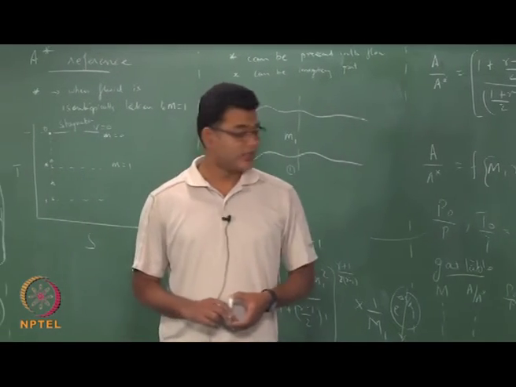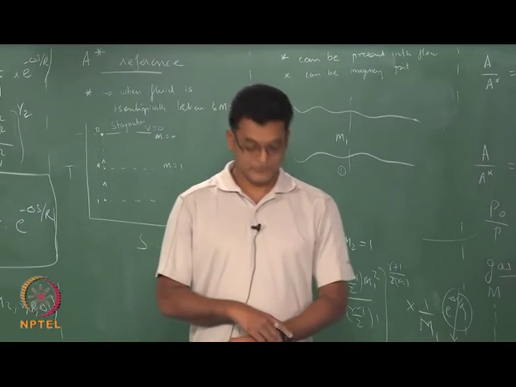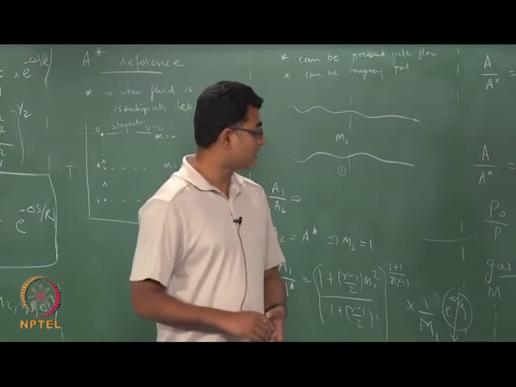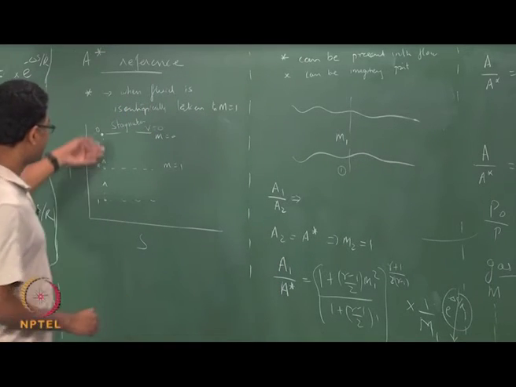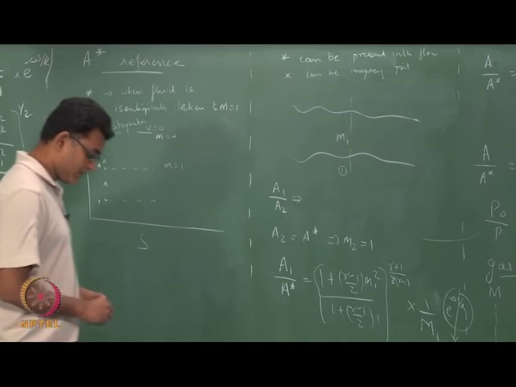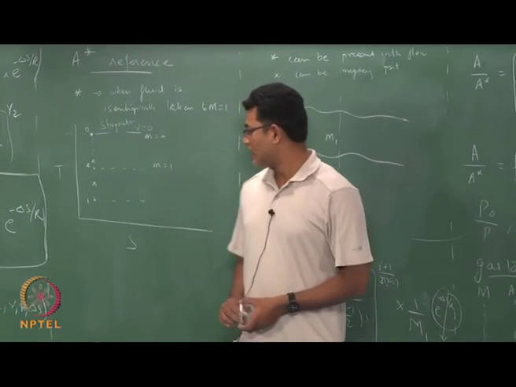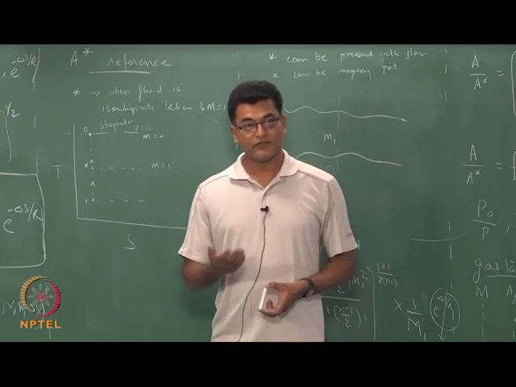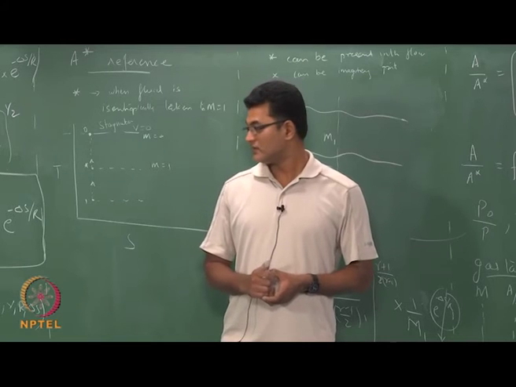So, in this lecture I have introduced a new quantity, the A star value, the star condition, where the fluid is taken to an imaginary point where the Mach number is 1, which means the velocity of the fluid is equal to the velocity of sound at that particular condition.